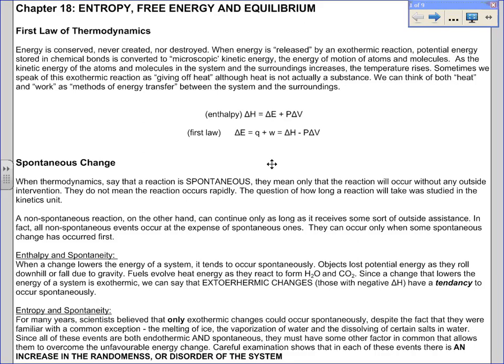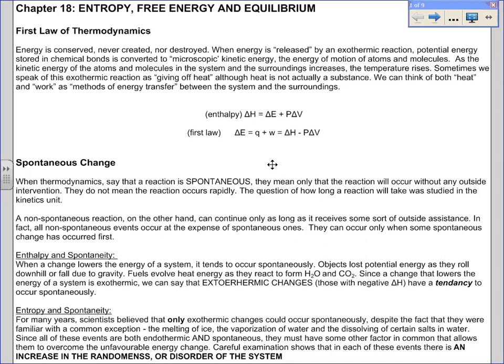Now, the main idea of this unit is to be able to determine whether or not a reaction is going to occur spontaneously. And when we say spontaneous, that means that it's going to occur without any outside intervention. So when you put the two things together, they're going to react with one another. Now, if a reaction is spontaneous, it doesn't necessarily mean that the reaction is going to occur rapidly.